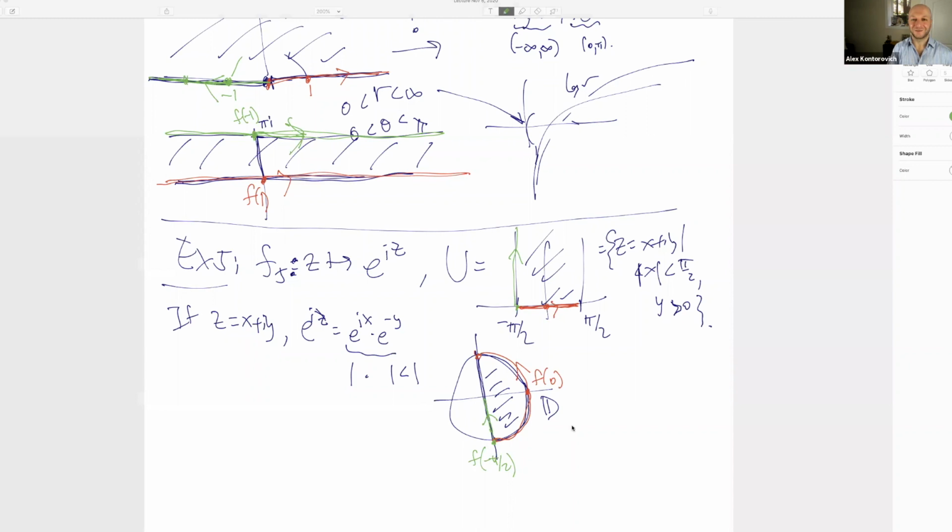You see that? And similarly, in a new color, hot pink, it starts from f of pi over 2 and does the same kind of thing. Cool?